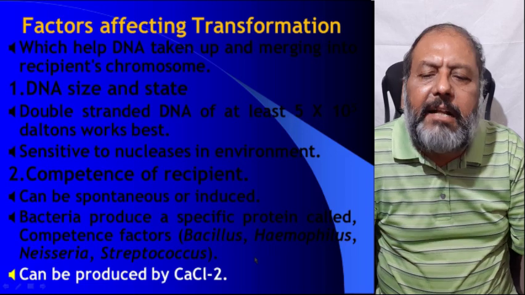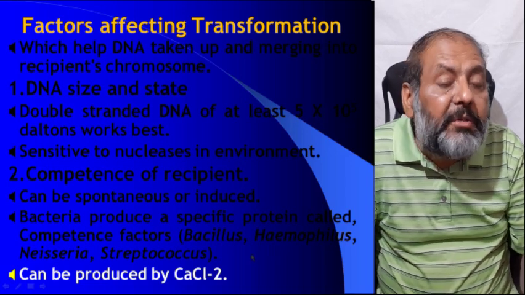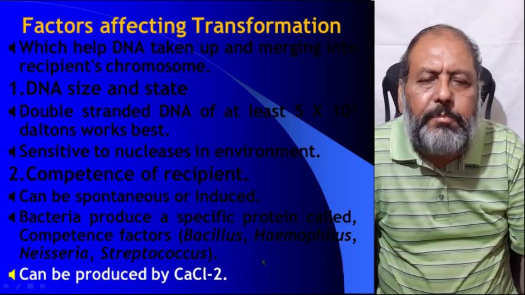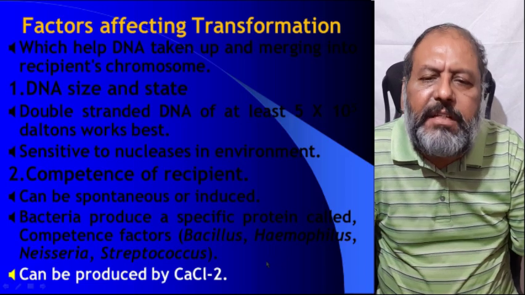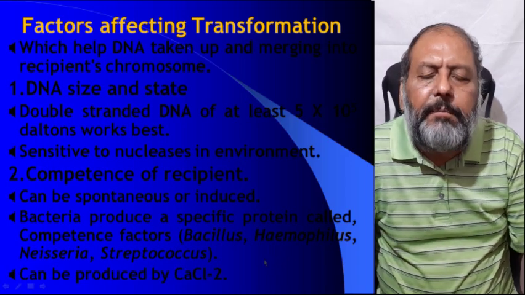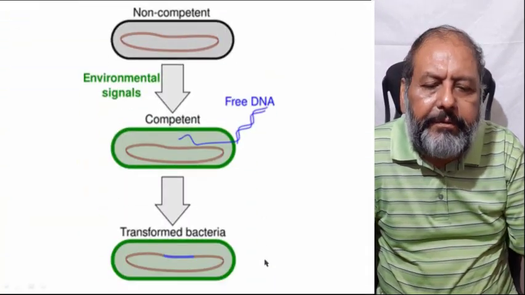Competence can also be produced by physical treatment with calcium chloride to make cells competent which were previously not competent.